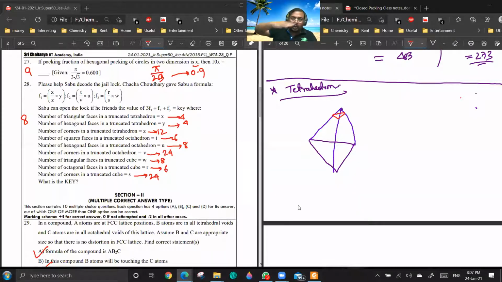When you're cutting it from the top, the cross section will mirror the type of the base. If the base is triangular, the cross section of the cut part will be a triangle only. What is the number of triangular faces in the tetrahedron?